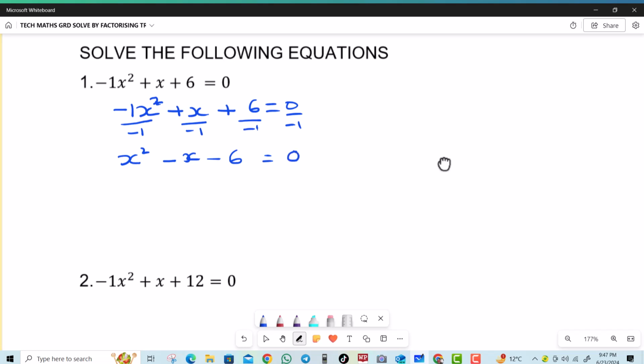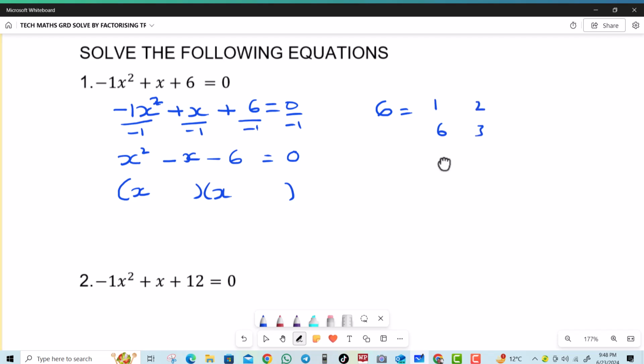So now I'm going to get two brackets again because of the square here. It's going to be x here, and then x here again. Then look for the factors now of 6. Which numbers multiply to give us 6? We have 6 equals to 1 times 6, or 2 times 3.